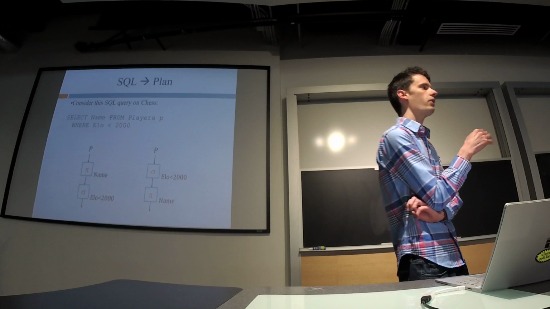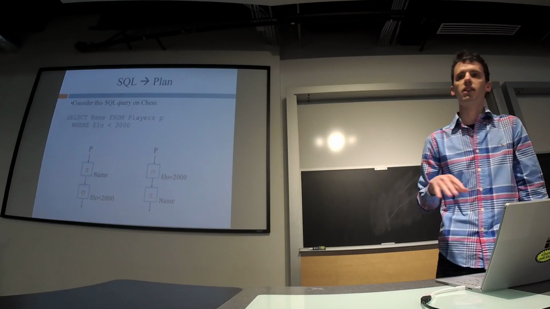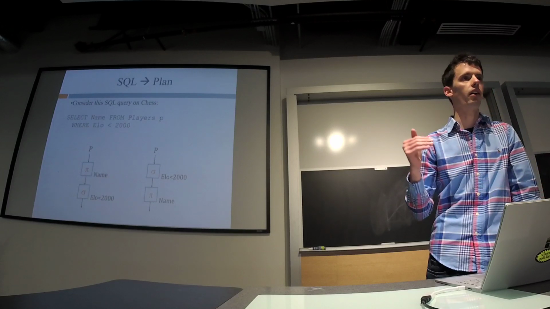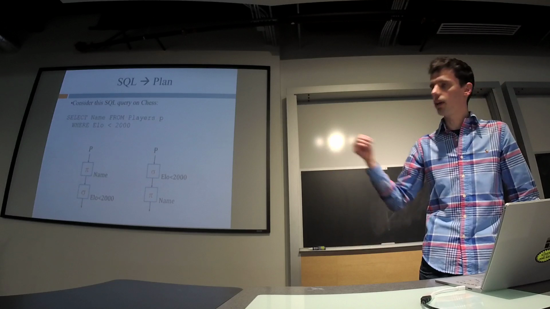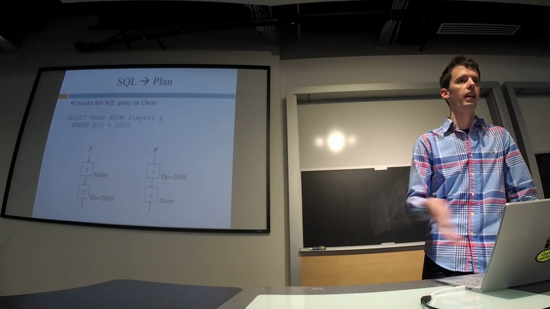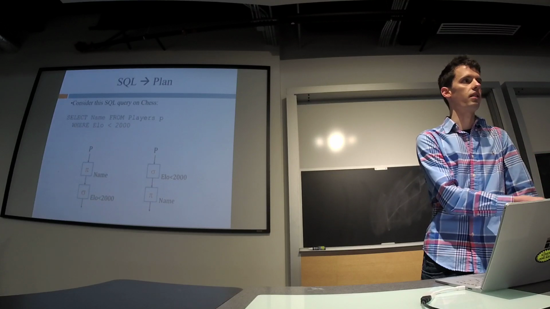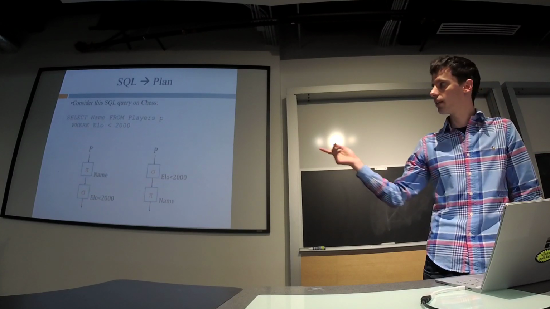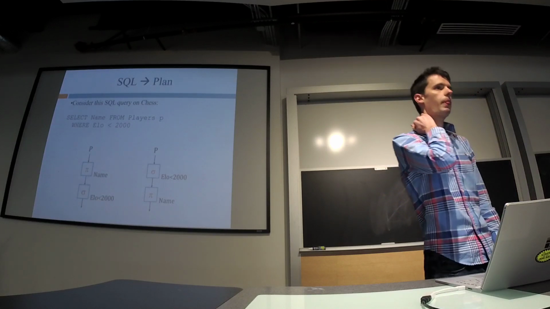Projection does not remove any rows, only columns. So it's faster to remove those columns on the already filtered list of rows than on the one on the left, where we'd be projecting out names that eventually get filtered out afterwards. So this is basically the plan.